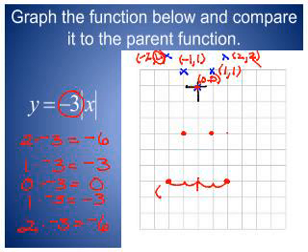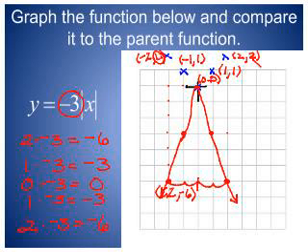So this new point should be at -2, -6. And you can count just to make sure. 1, 2, 1, 2, 3, 4, 5, 6. And it does work out. And again, you want to use your straight edge and connect these dots in the V shape. Okay? And there is the graph of y equals -3 times the absolute value of x.